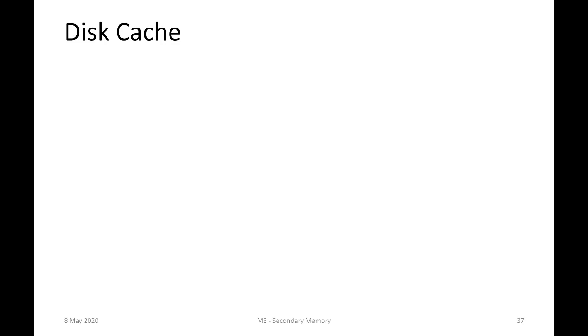Today we are going to look at the last couple of functions. The first one is disk cache. To understand disk cache, let's look at the entire memory hierarchy and look at the access time from the processor perspective.